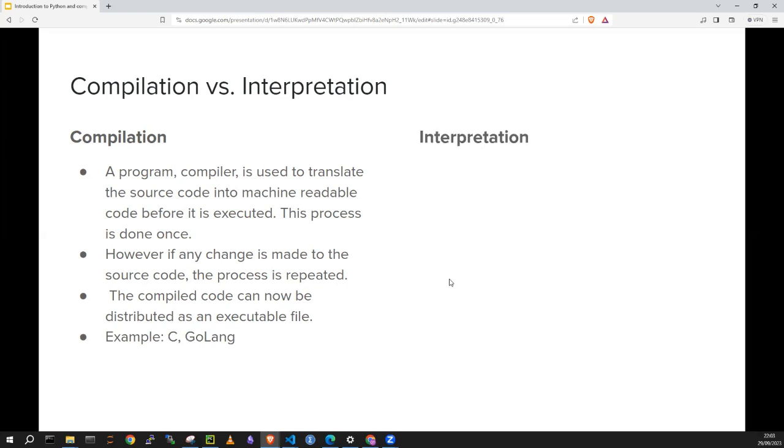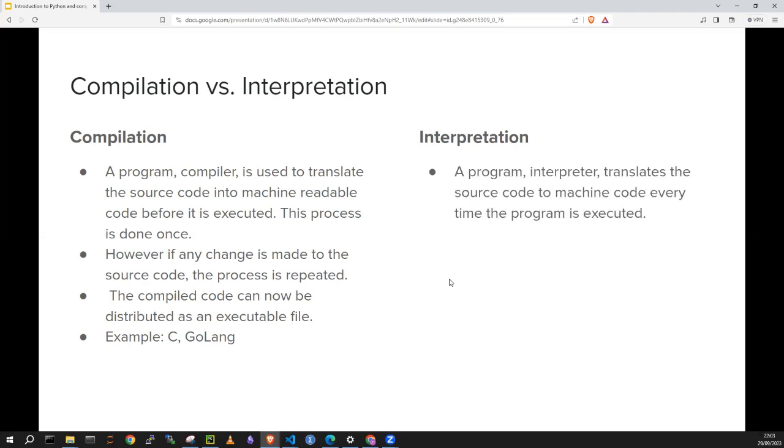So interpretation is another type of high-level programming language. Essentially, this program translates the source code to machine code every time the program is executed. So there's no extra step here. Remember in the previous one, I write my code, I compile it, then I execute it. Here, we just go straight to execution. And then if there is a problem on the way, we stop, right? There's an error that gets thrown up.